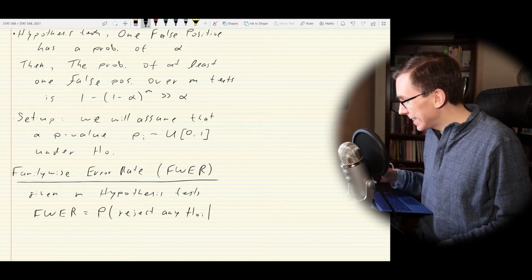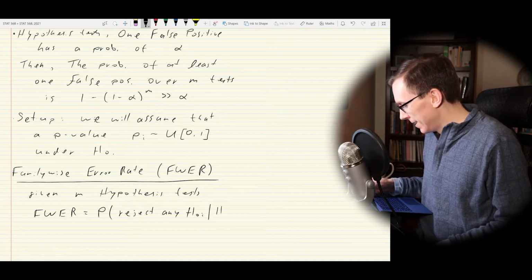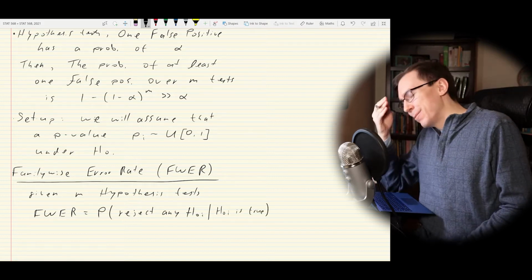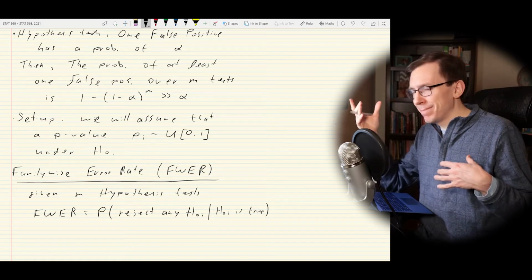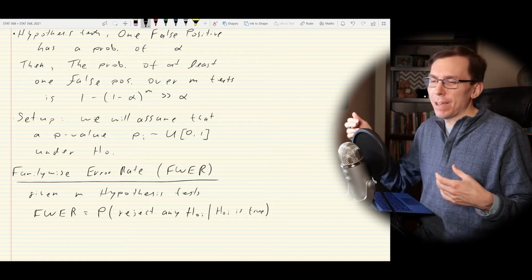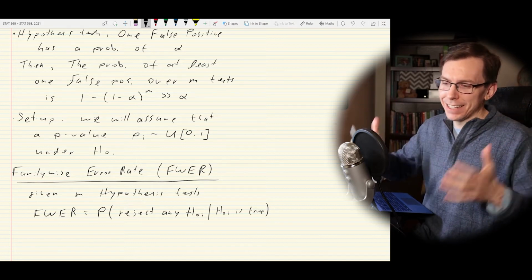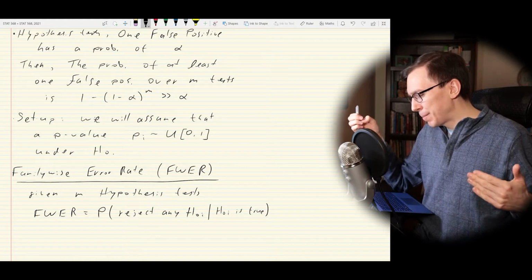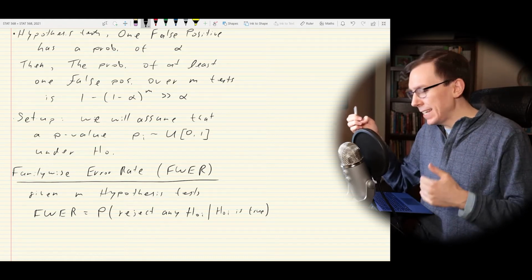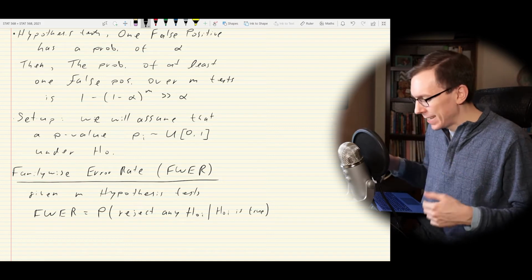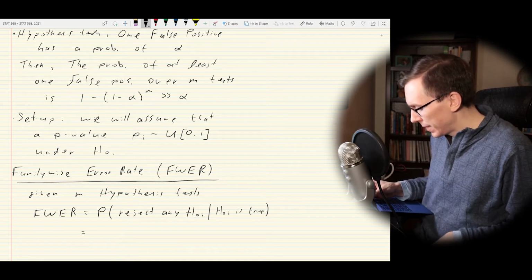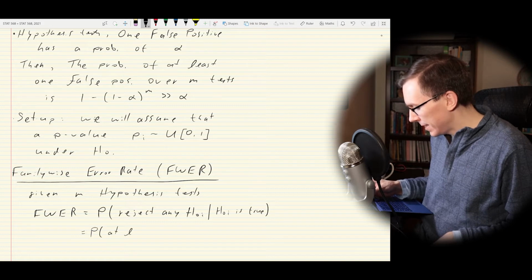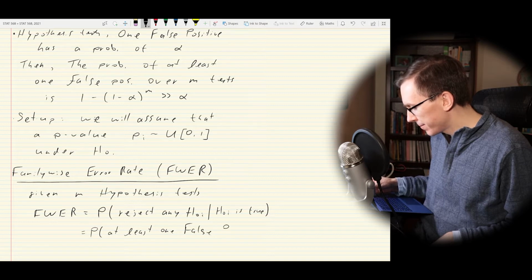And that's given that H naught i is, well, I'm just going to write, true. If we really want to be pedantic about it, it might not be the exact right way to say it, but effectively we're saying, let's assume that that null hypothesis is true. Then the family-wise error rate is the probability that we reject any nulls that we shouldn't have rejected. That is equivalent to the probability of at least one false positive.